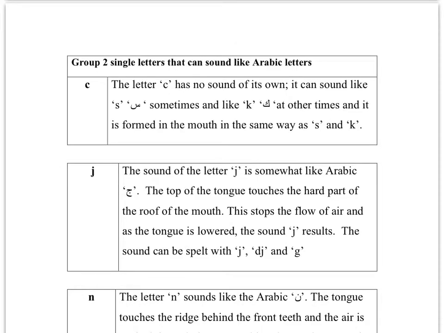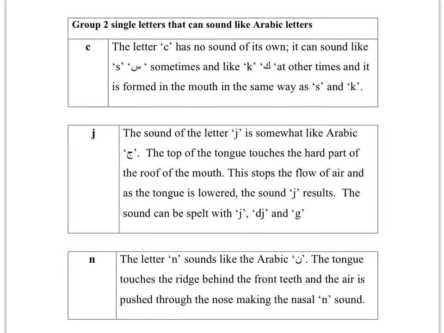Now we move on to the second group of letters that can sound like Arabic letters, but also may be a little bit confusing. For example, the letter C in English has no sound of its own, but it can sound like an S or like the Arabic sin, and sometimes like K, as in cat, for example.